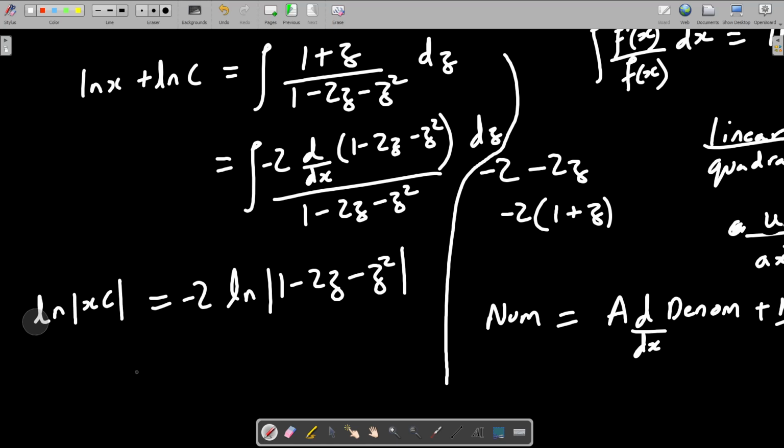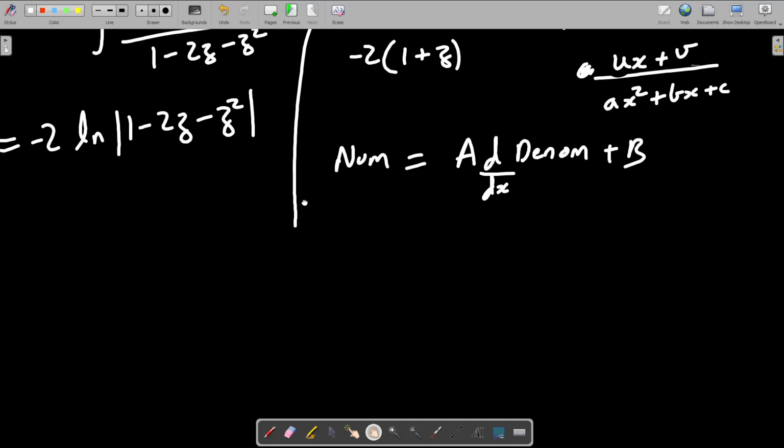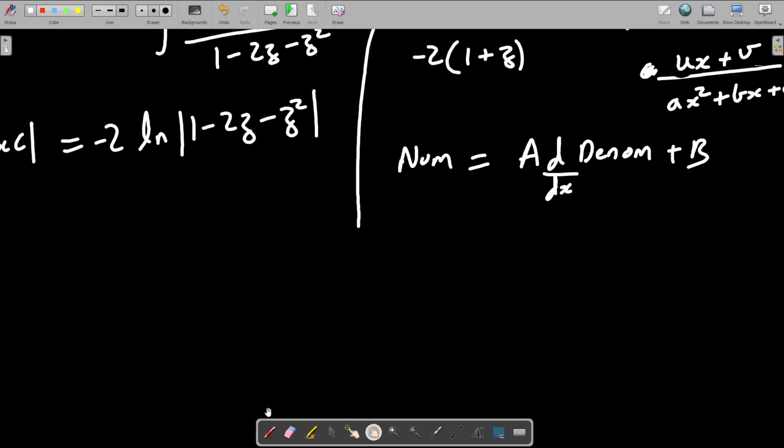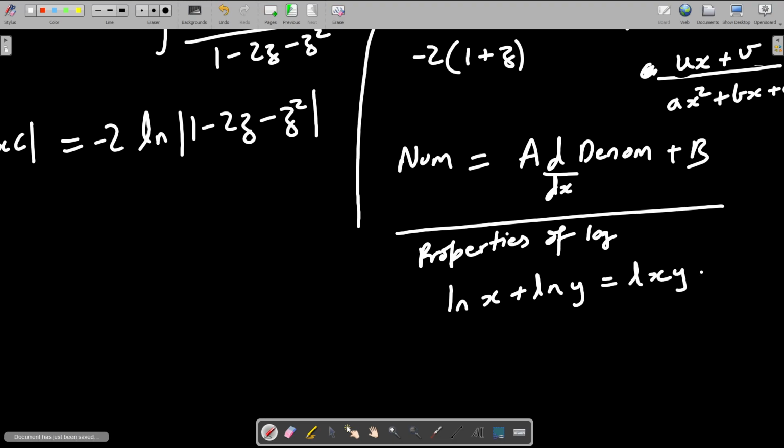So now we require certain extra properties of log. What are the properties you need? You know that ln of x plus ln of y becomes ln of xy.